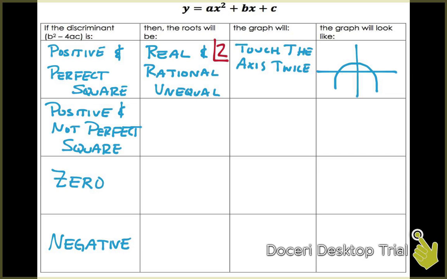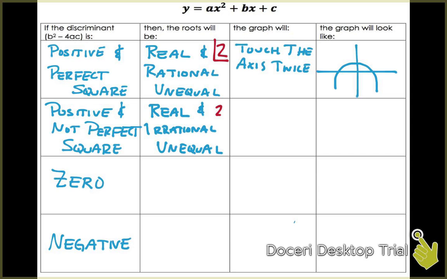If it's not a perfect square, it's still going to be real numbers, but now it's going to be irrational. And again, they're going to be unequal because you're doing plus or minus. So there's going to be one that's something plus something, one is going to be something minus something, so they will not be equal.